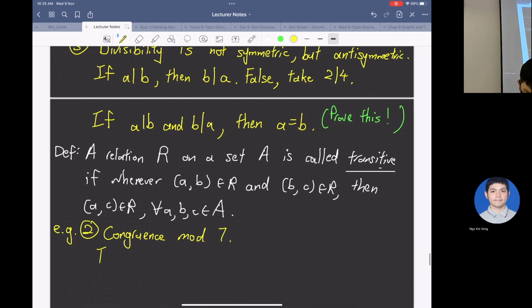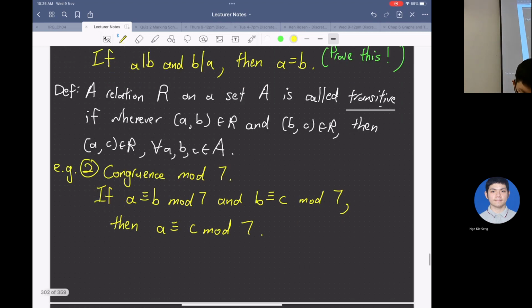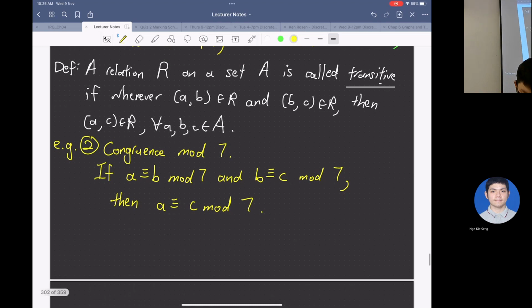Sorry. If A is congruent to B mod 7 and B is congruent to C mod 7, is it true that A is congruent to C mod 7? True, right? Let me write it out.